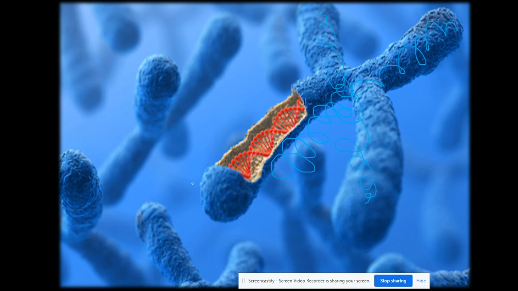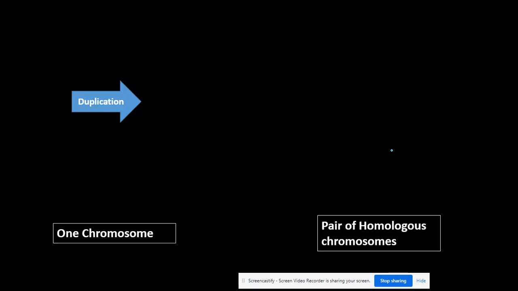And of course, in this DNA, we have our genes. Gene 1, gene 2, gene 3, gene 4, and so on. Now, guys, before we start explaining the genes, I just want to clarify an idea which you always confuse, guys. The difference between sister chromatids and homologous chromosomes.